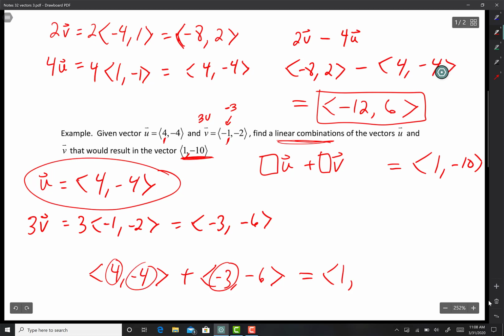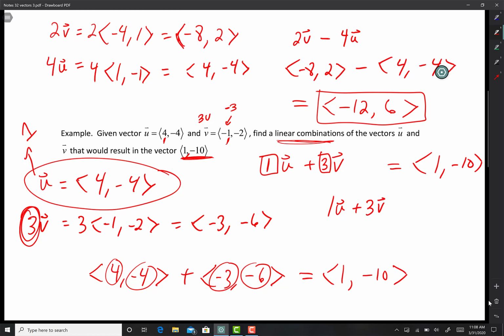Negative 4 plus a negative 6, that is negative 10. So it worked out. So what did I need? I need 1 of the u's and 3 of the v's. So that's my linear combination: 1u, you don't have to say 1 there, plus 3v will give you the resultant vector 1 comma negative 10. So let's see how this looks on Delta Math, guys. So let's take care of that.